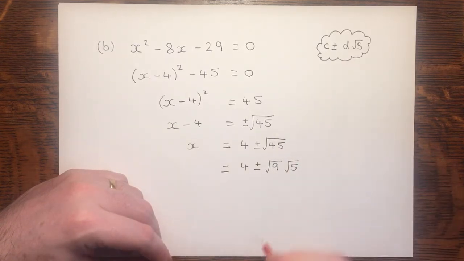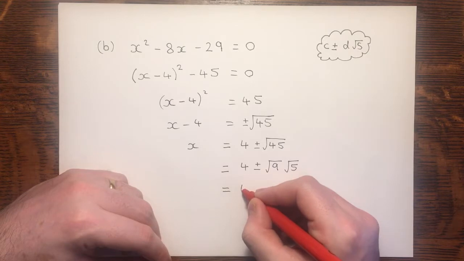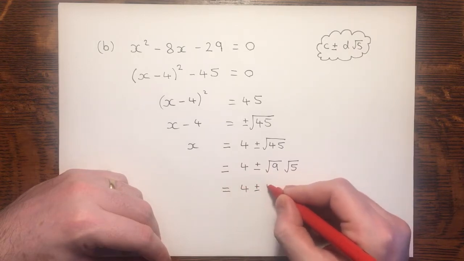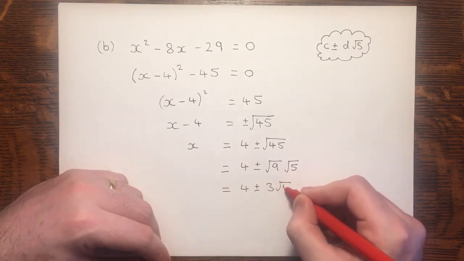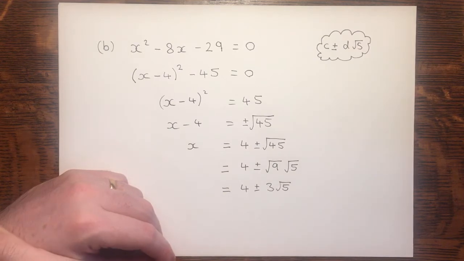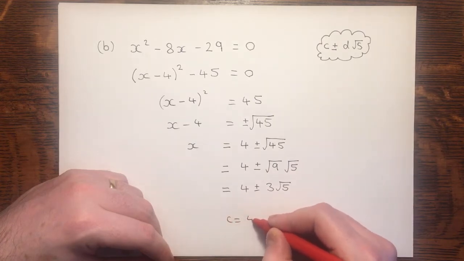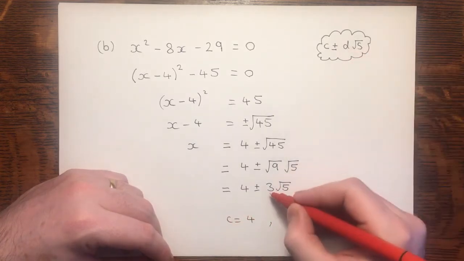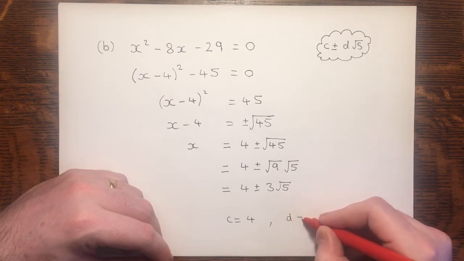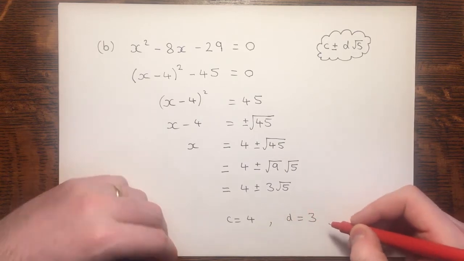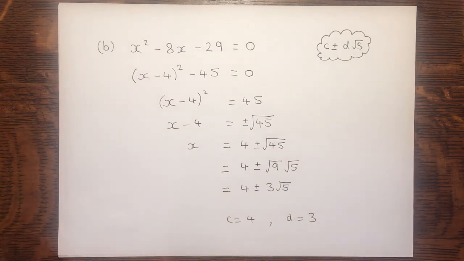Since it's a square number, we can evaluate it and get an answer that fits. In this question, c is 4 and d is 3. And that's part B completed.